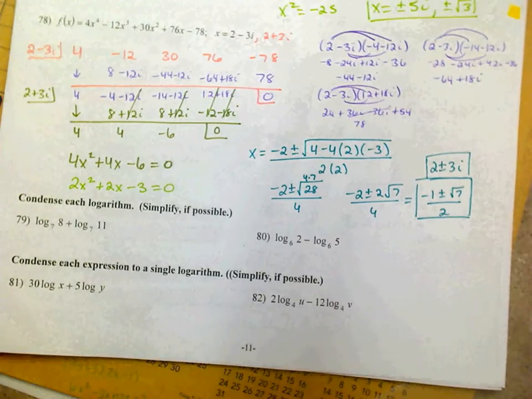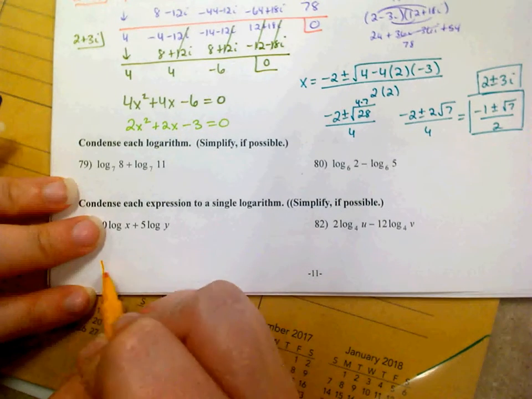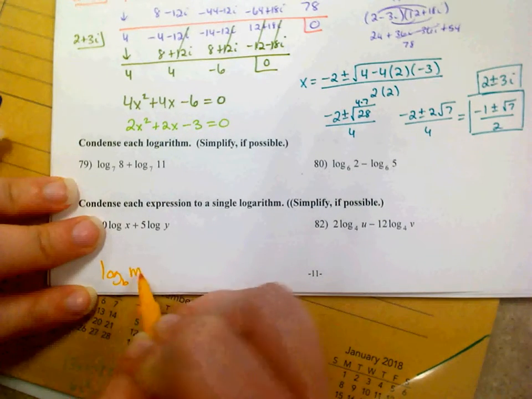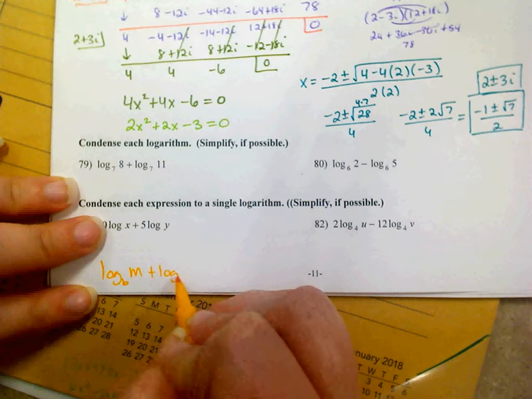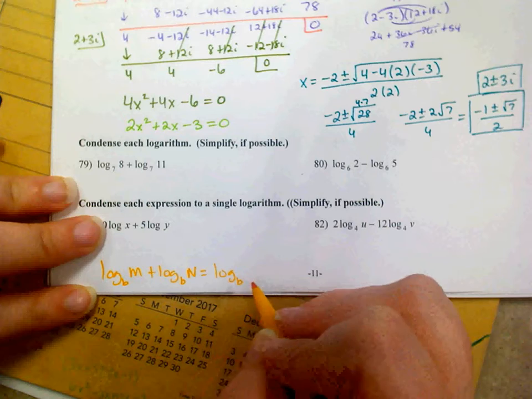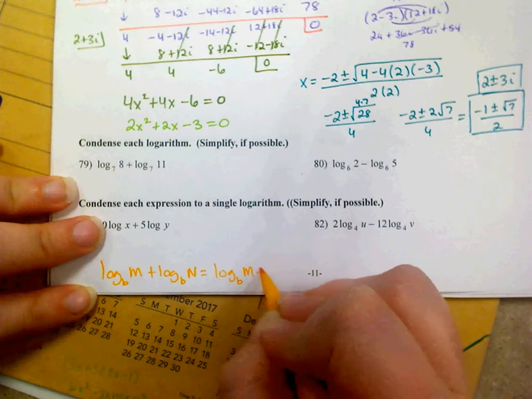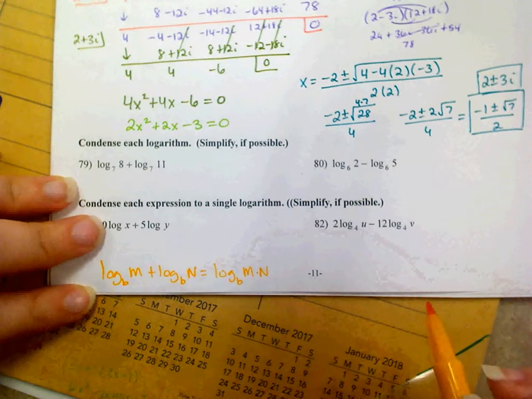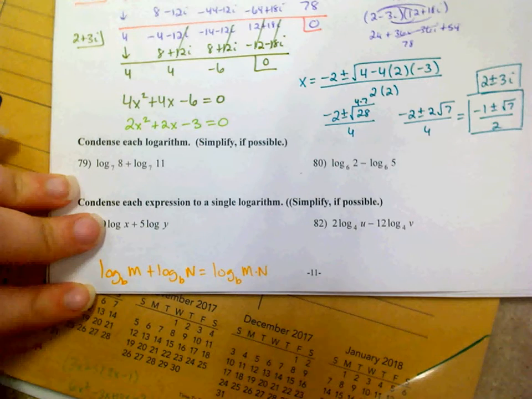In general, log base b of m plus log base b of n is the same thing as log base b of m times n. That's called the product property. When two logs are separated by addition, they can be combined using multiplication.